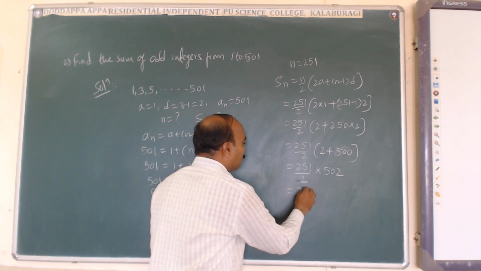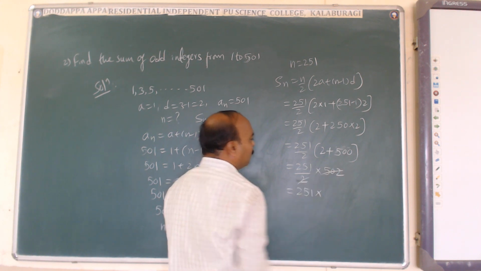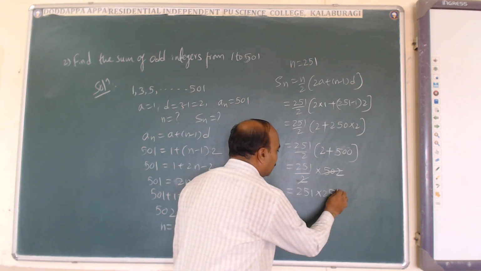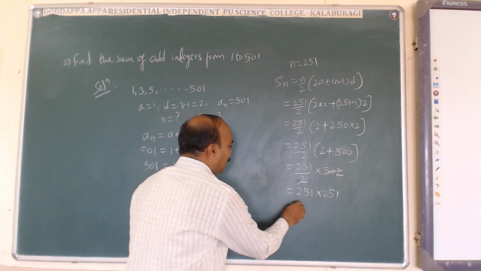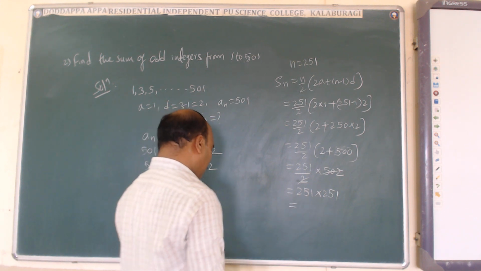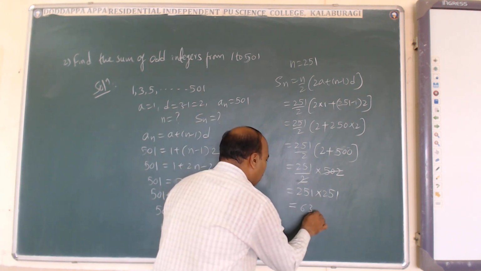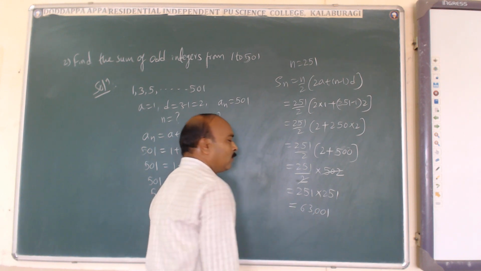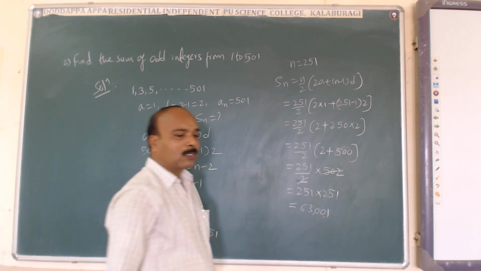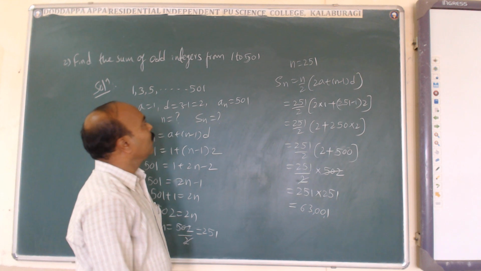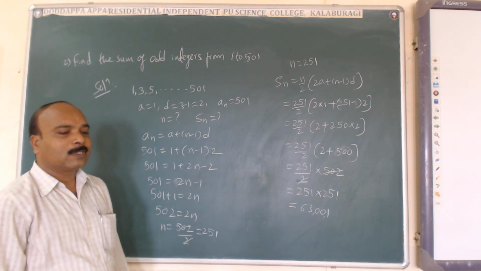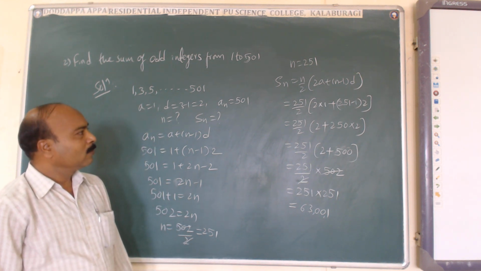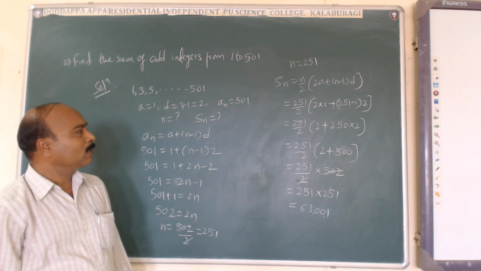Again 251 into, divided by this, you get 251. Now multiplying these two, 251 into 251, we get 63,001. So it is the answer for this one. It is the sum of all odd integers from 1 to 501, which is similar to the previous question.